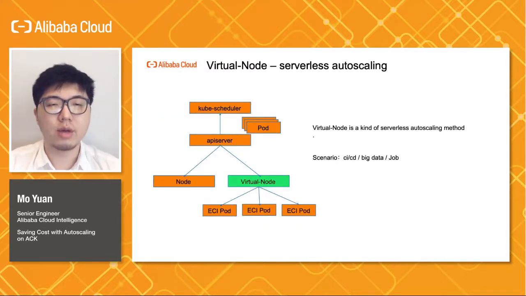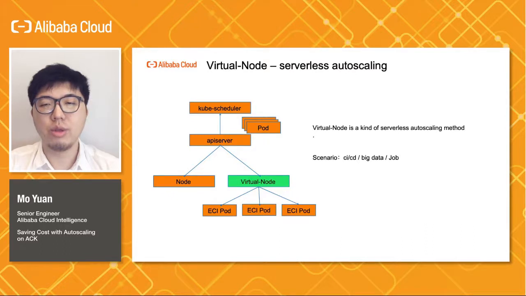Virtual node is a very unique resource autoscaling method. It is serverless autoscaling rather than the plain one. You don't need to care about what the node is and how many resources you need. What you need is to bind the pod to the virtual node. You can use node selector and toleration to do that.